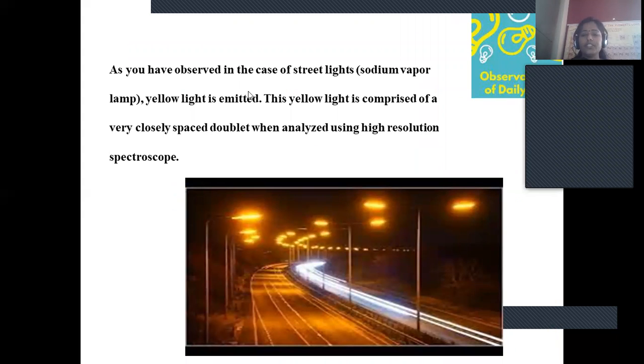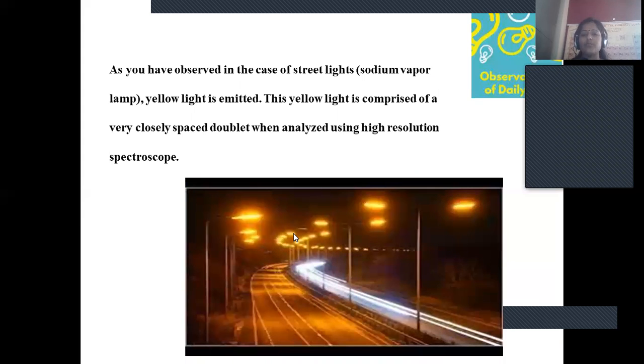Here, in continuation to our previous series, as you have observed in the case of street lights, sodium vapor lamps have a yellow color. Yellow color is emitted by the sodium vapor lamps. This yellow light is composed of very closely spaced doublets when analyzed using a high resolution spectroscope. In general, a line spectrum is emitted by all metals.